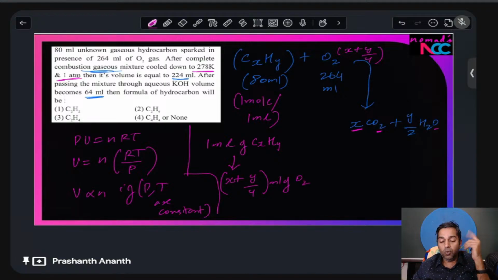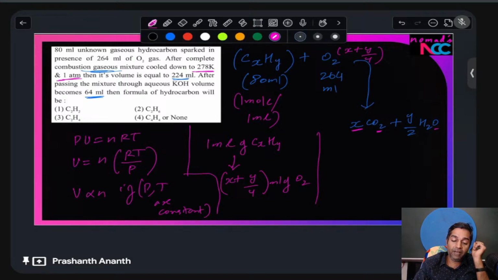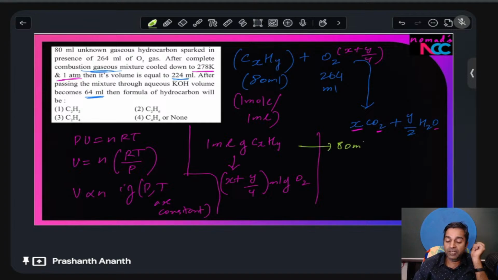Okay, so what is going to be left over for the oxygen here? We have 80 ml of this being taken, correct? So we're not having 1 ml of this, we're having 80 ml of this. So 80 ml of this means 80 into x plus y by 4 ml of oxygen is consumed.